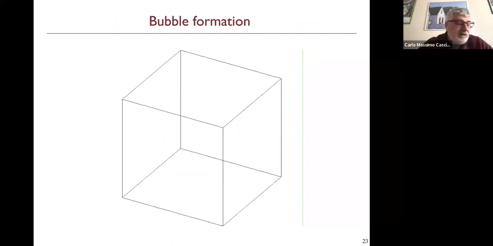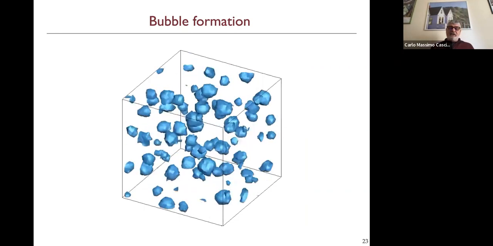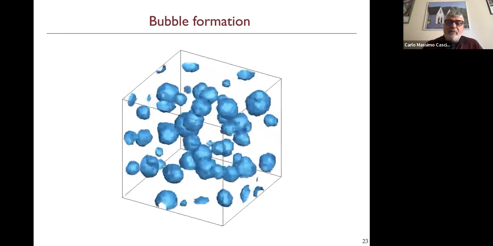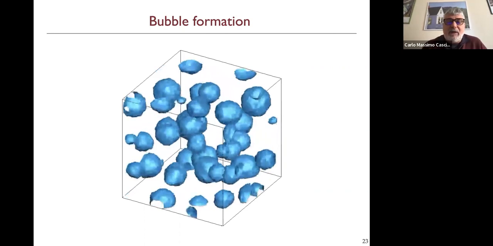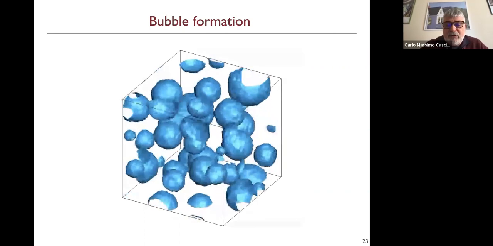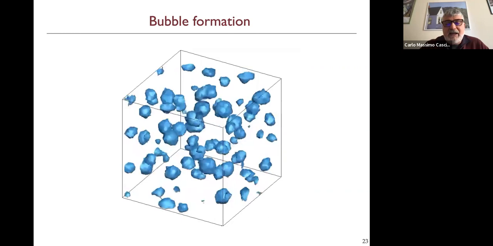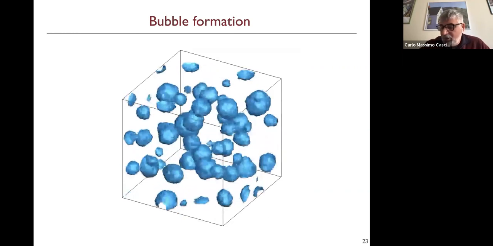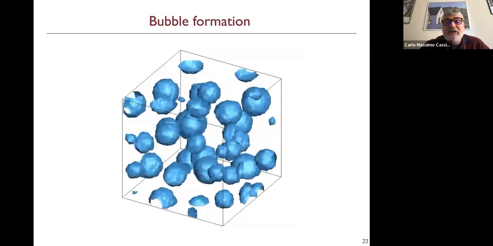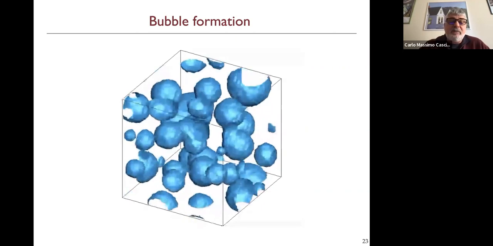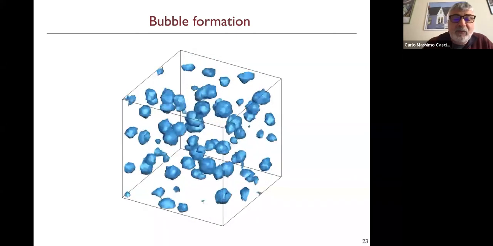What you see here is a triply periodic simulation in which we start from a homogeneous metastable liquid, and then we switch on the fluctuations in the system, and you see that sooner or later vapor bubbles develop. Initially they are very small, they are the nuclei, then they grow larger than the critical size of the nucleus, and we form larger bubbles.